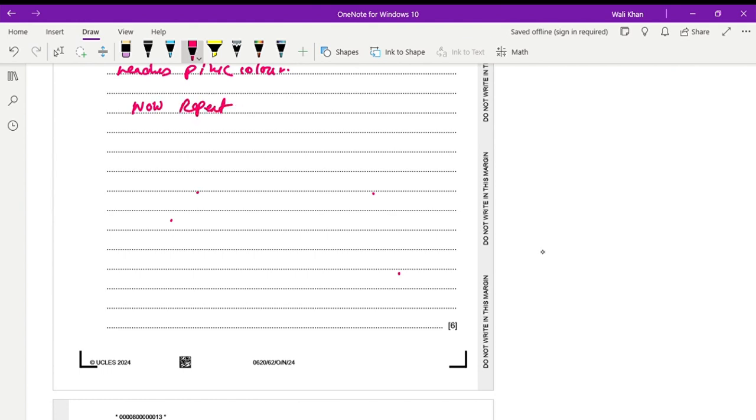Now repeat the experiment for lemon juice, the same experiment, and record the volume of sodium hydroxide. You have to record the volume of sodium hydroxide in the first experiment and now in the second experiment for lemon juice.